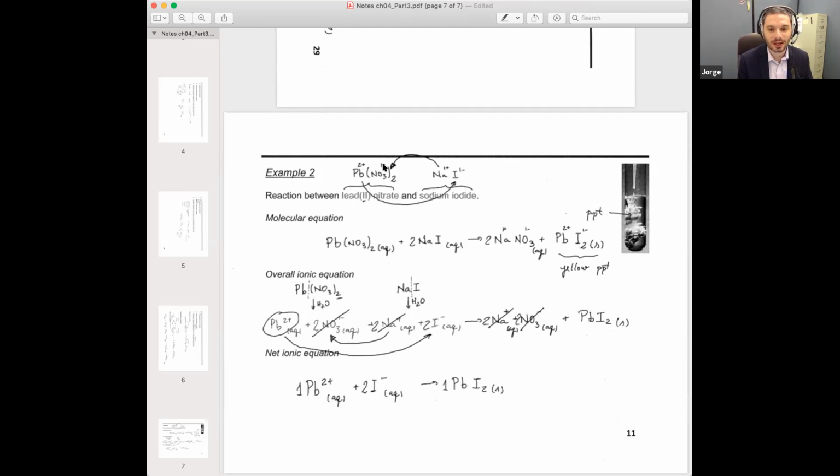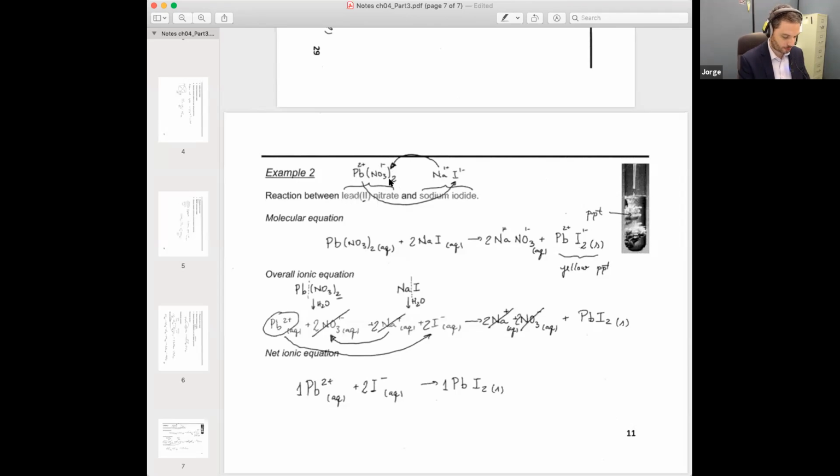Because this is an ionic compound with a cation and an anion, we have to cross the charges. Therefore, lead(II) nitrate is Pb(NO3)2.